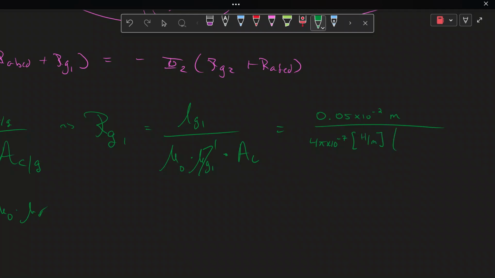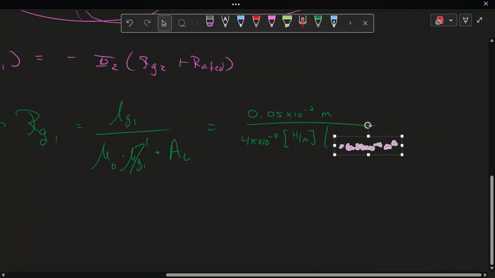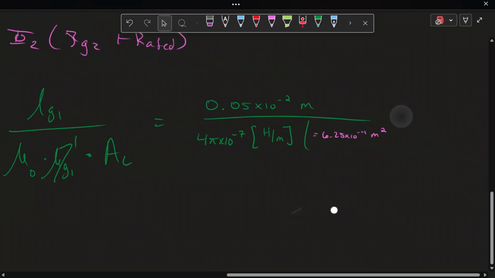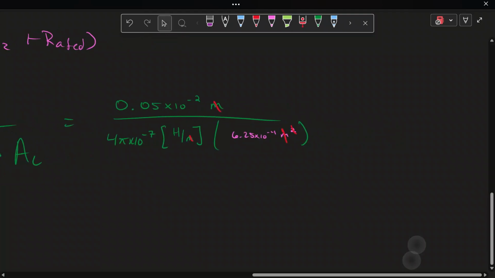Then we write this here, the area of the core, paste here. And it's going to be 6.25 times 10 to the minus 4. And let's see these units here. So we have meters squared divided by meters here, so that's good. And then meters divided by meters is nothing, or is 1, I guess.